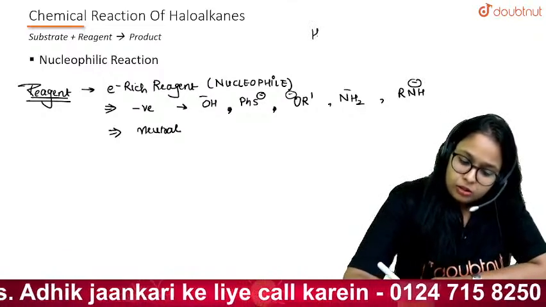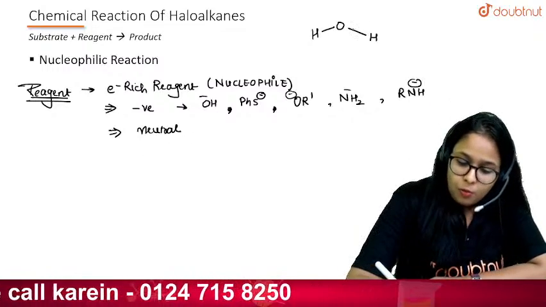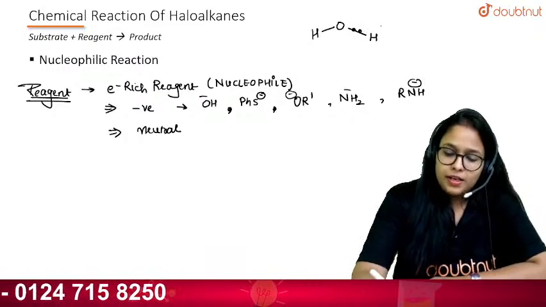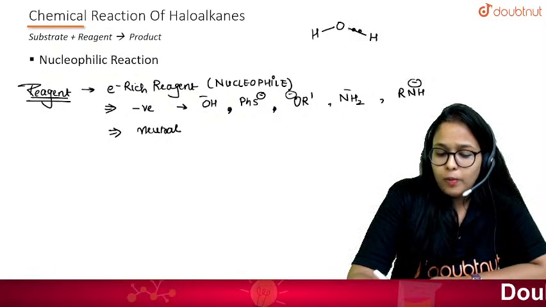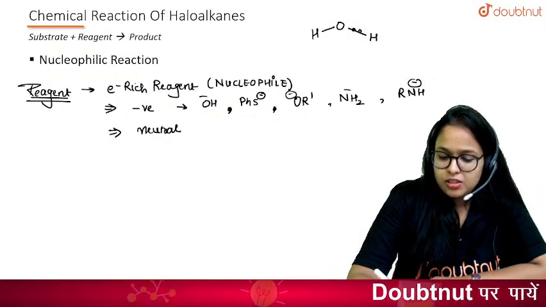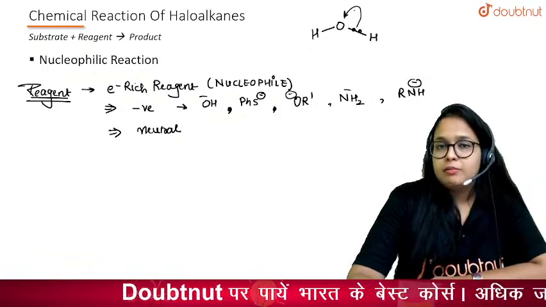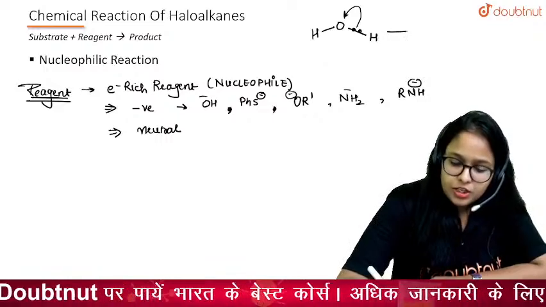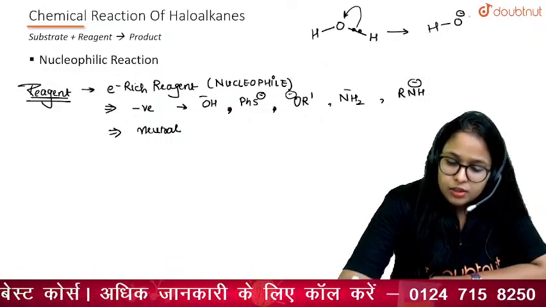If I say water, H2O is represented by this form. What happens when OH minus is formed? The electrons in one of the OH bonds are completely taken by the oxygen atom. This is heterolytic cleavage, and oxygen develops a negative charge.